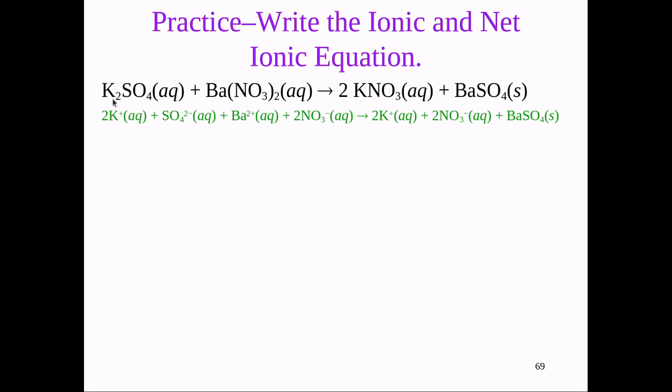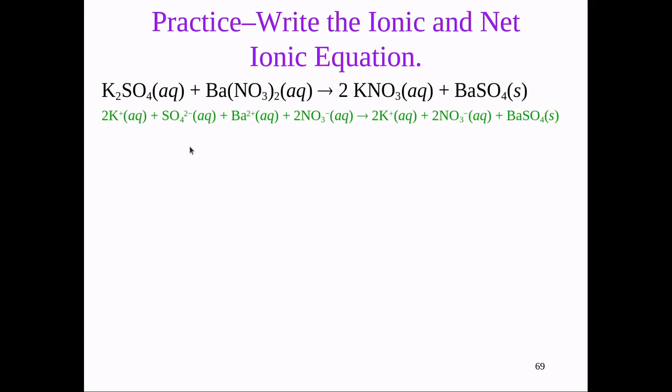Remember that if we have two potassiums here, this subscript becomes the coefficient in the complete ionic equation. We need to still represent that we have two potassiums here in order to get a balanced equation. Okay? Don't forget to balance these guys.